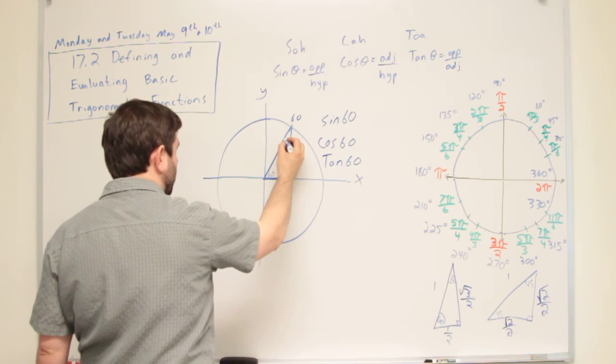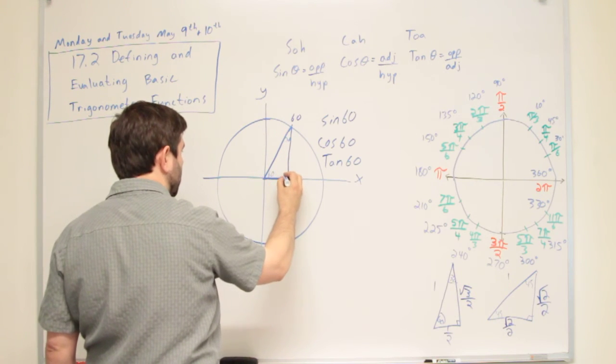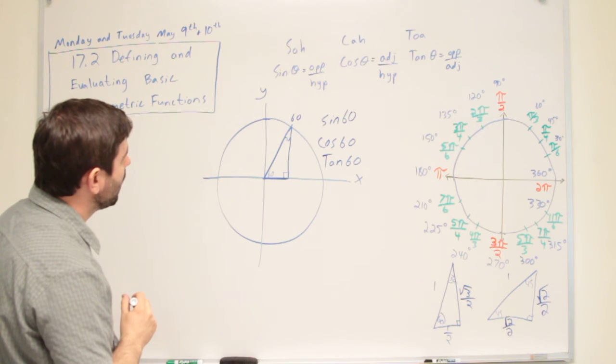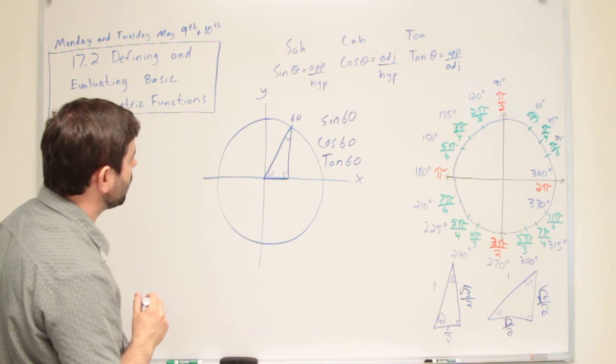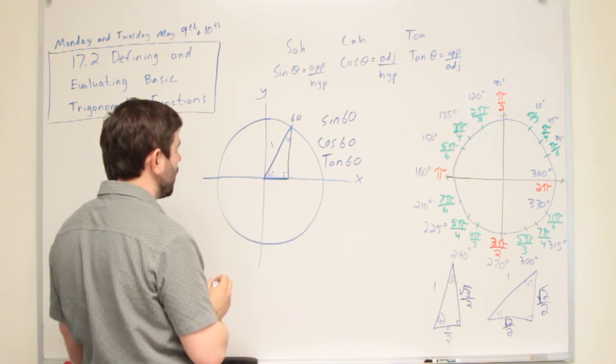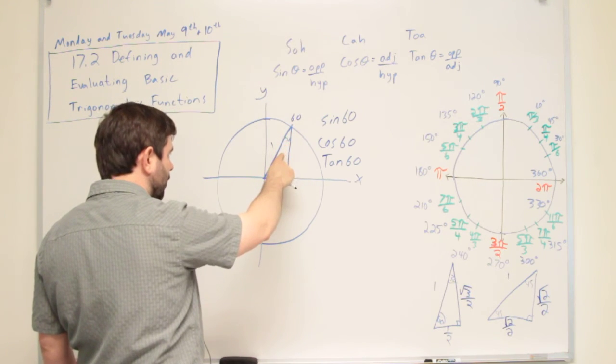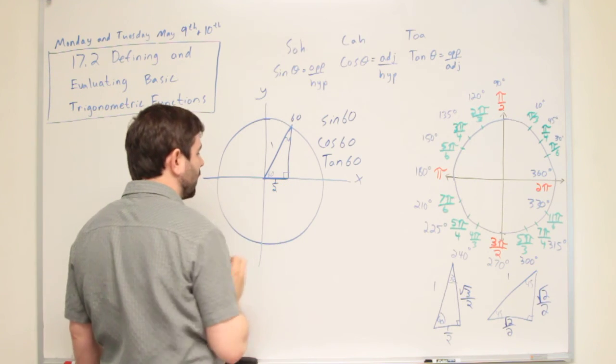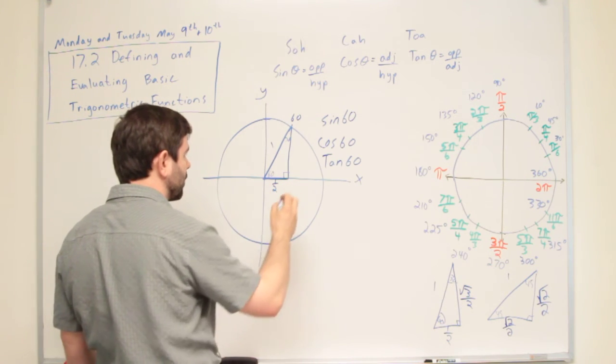So we got a 30, 60, 90 triangle. And we know we have a 1 here. We know across from the 30-degree angle, we're going to have 1/2. And the other side is going to be root 3 over 2.